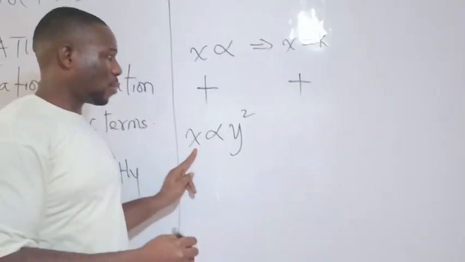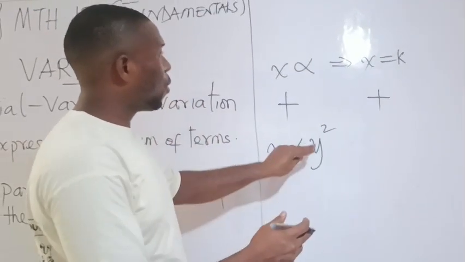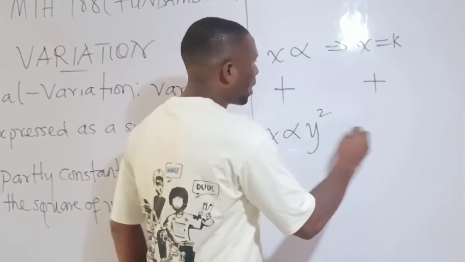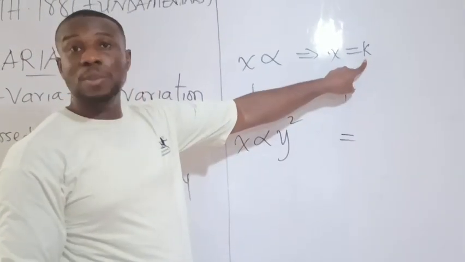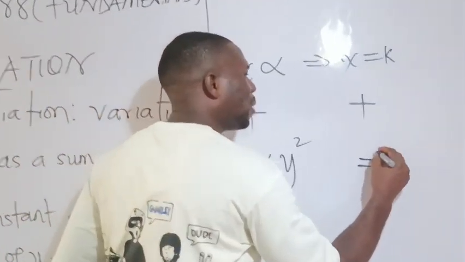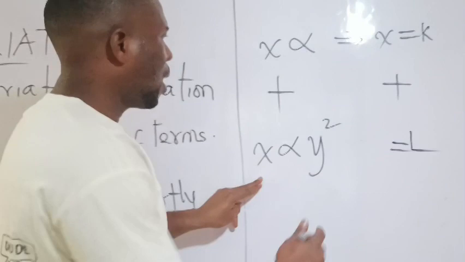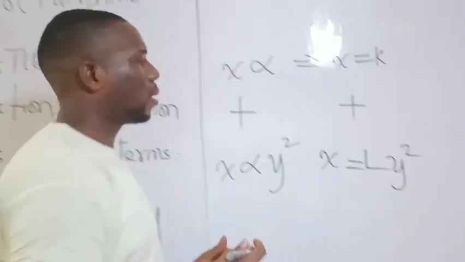Now x partly varies as the square of y, so I could replace this sign with an equal to, followed by a constant which is somewhat different from the k. I could use any letter of the alphabet, so let me use a letter L. And I have an x on the left, and y squared on the right.